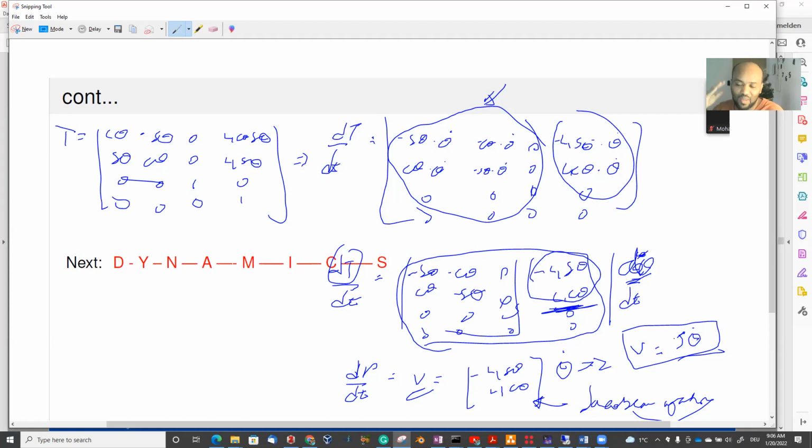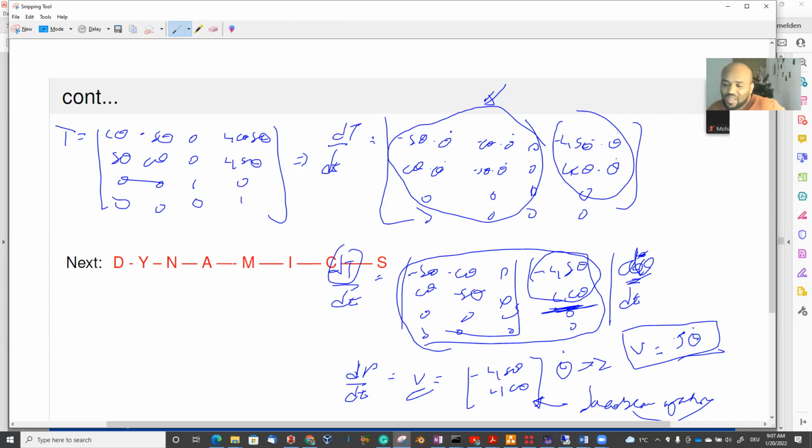So a Jacobian is a matrix which linearly connects the linear velocity with the rotational velocities. It is a mapping. The Jacobian is a matrix which maps the rotational velocity to the linear velocity.